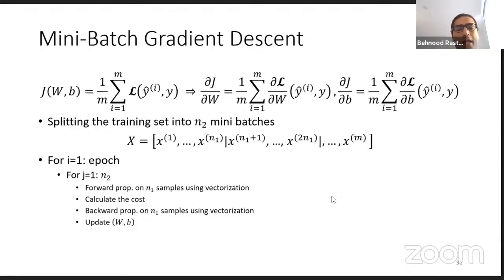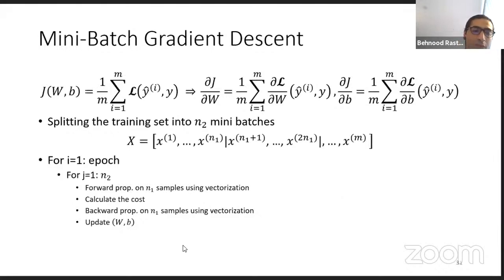It turns out that instead of using all the samples to calculate the gradient at once, it's better to split them into, let's say, 2 mini batches, and update or calculate your parameters for each mini batch.